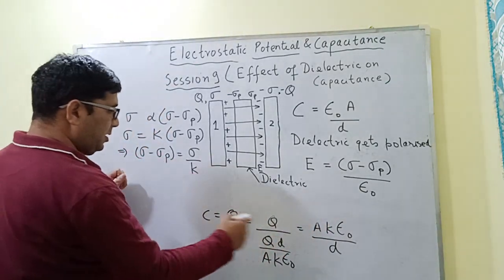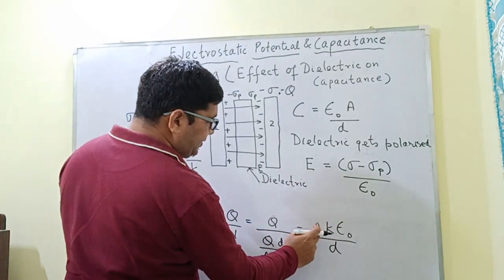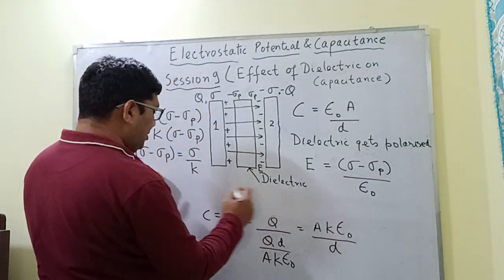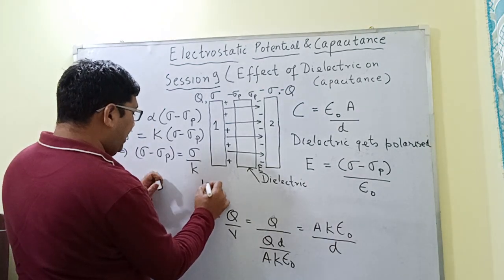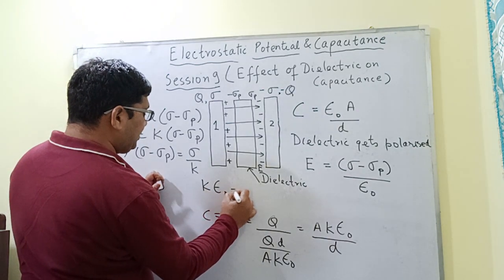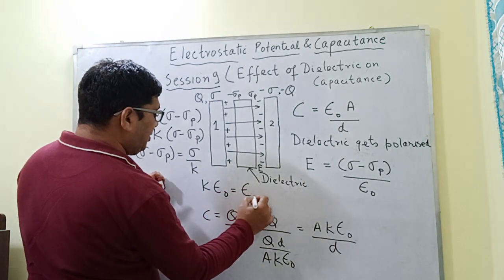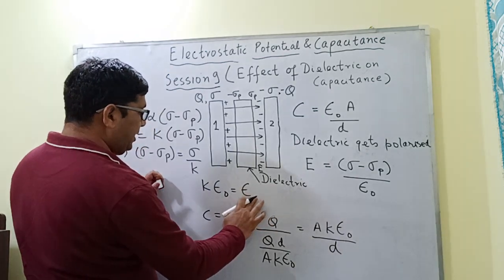Now this term, that is K epsilon naught, K epsilon naught जो है, this is called the permittivity of a medium. ठीक है.